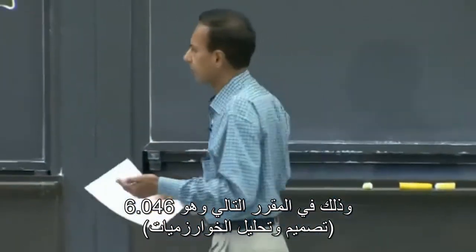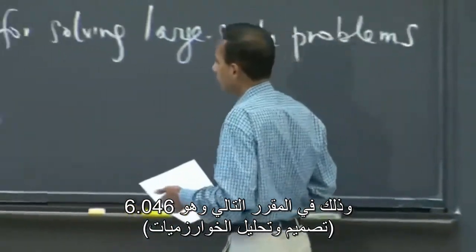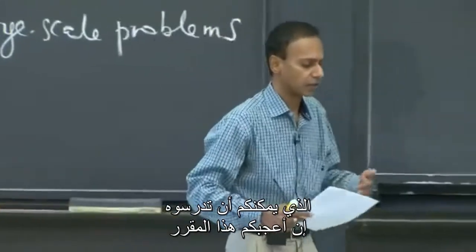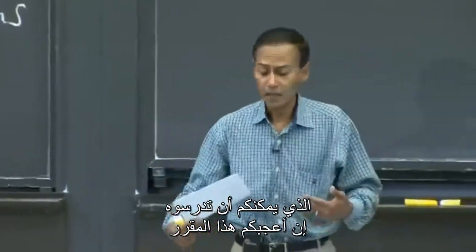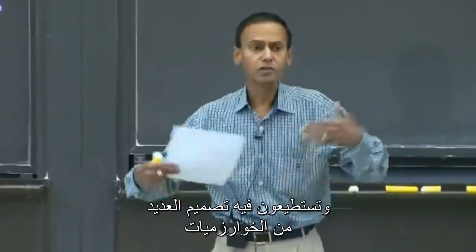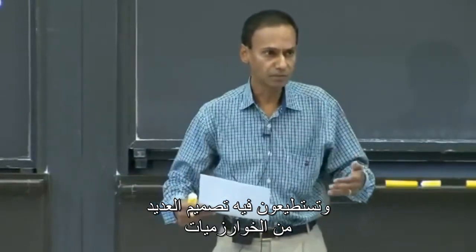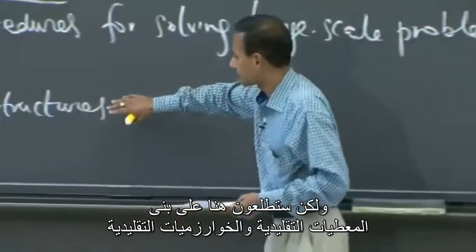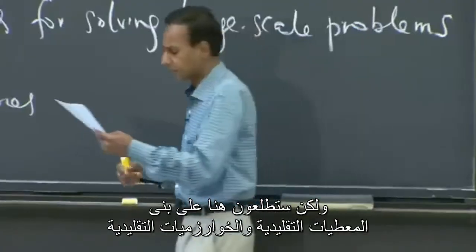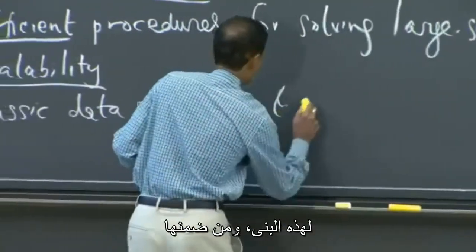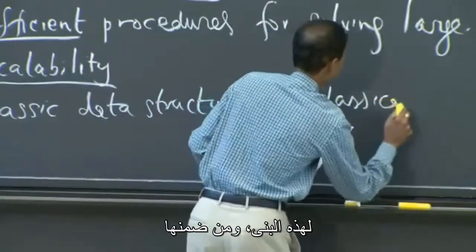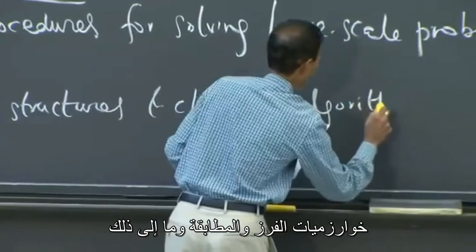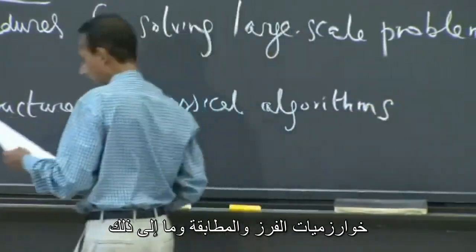The class following this one, 6046, Design and Analysis of Algorithms, is a class that you should take if you like this one, and you can do a whole lot more design of algorithms in 6046. But you will look at classic data structures and classical algorithms for these data structures, including things like sorting and matching and so on.